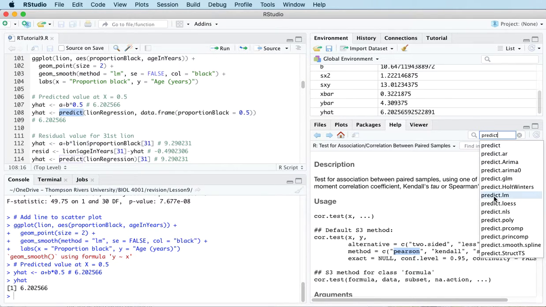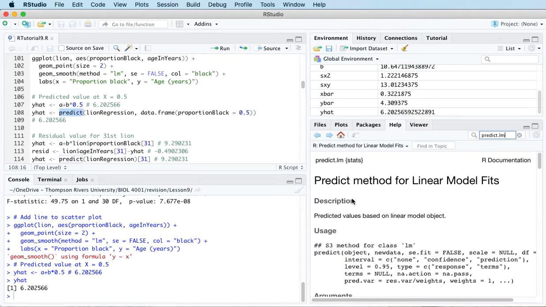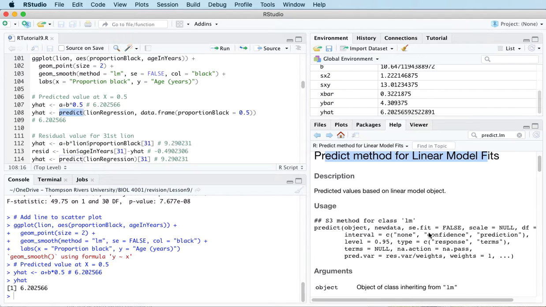So if I select that, it will tell me what the predict method for linear model fits is actually doing.